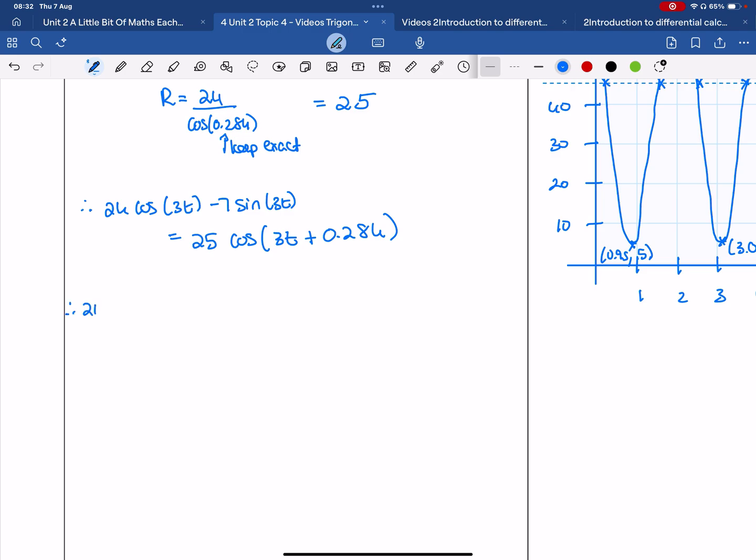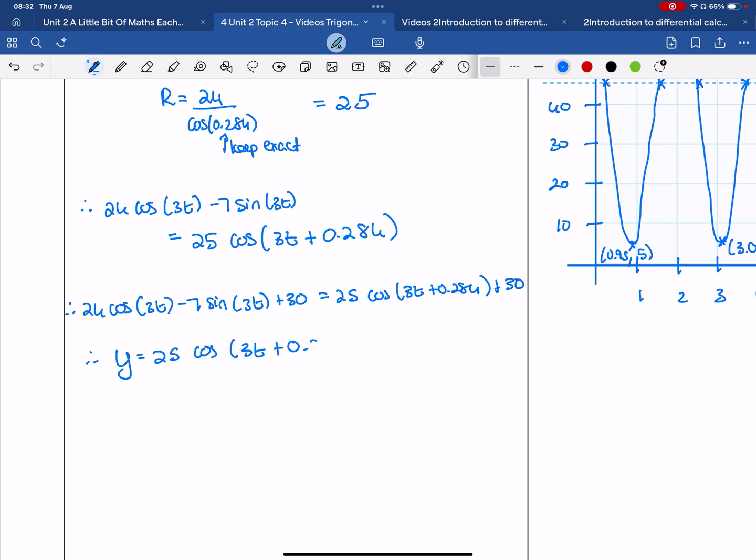So therefore, 24 cos of 3t minus 7 sine of 3t plus 30 is going to be 25 cos of 3t plus 0.284 plus 30. All right, so now we found our function in terms of a single cosine function, which is x is 25 cos of 3t plus 0.284 plus 30.